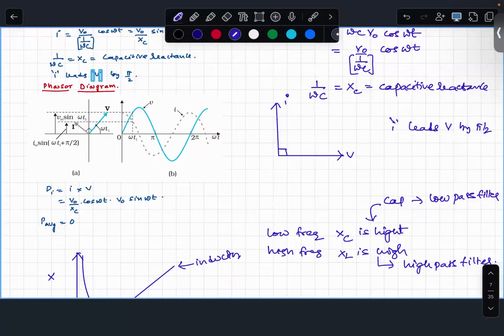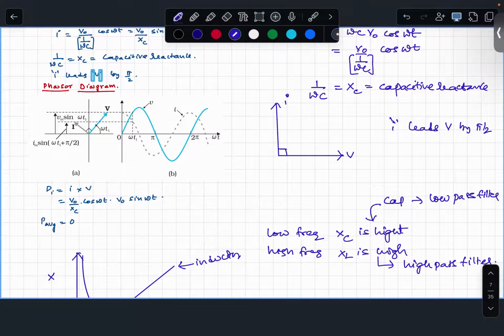Suppose I want to filter DC from AC, with both components there. I will use a capacitor. Through a capacitor, what will pass? Alternating current will pass. Sometimes it happens in some circuits that you have a DC component along with the AC.